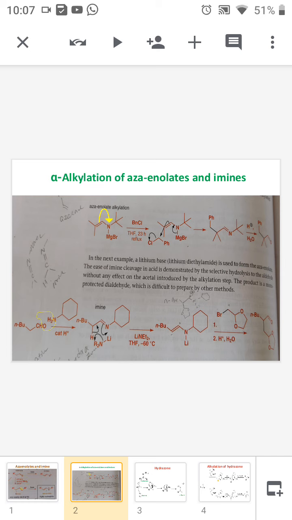And during the alkylation, we are adding the alkylating agent as the benzyl chloride, PhCH2Cl.